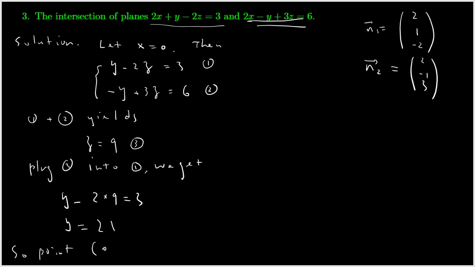Originally, we set x value to be 0, and the y coordinate of 21 and z coordinate of 9 is on the line. To make it easier to communicate later, I want to give a notation for this point. So can I call this point P1?